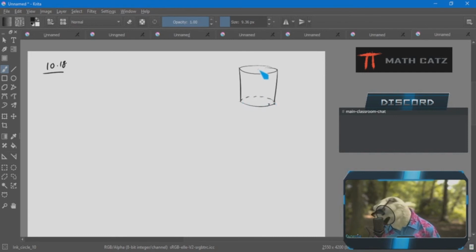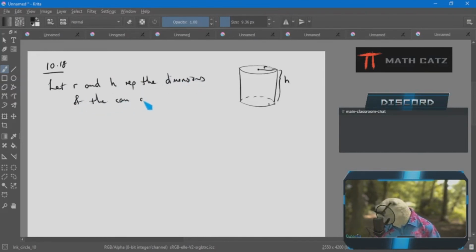So what do I need to know here? I'm going to have to know the radius of the top or bottom, and let's call the height h. So let r and h represent the dimensions of the can as shown.